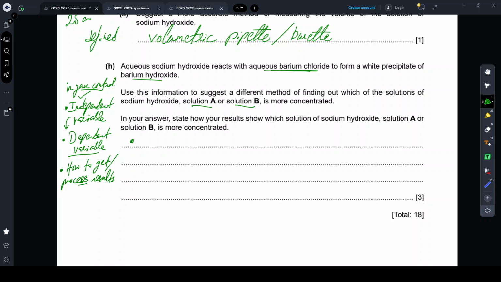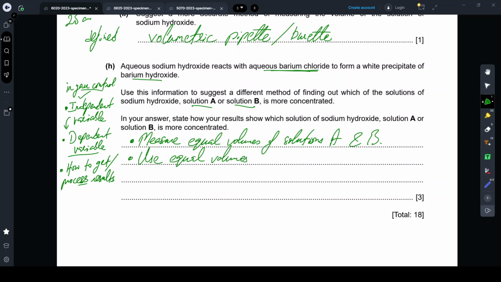So, what you're going to do over here, very plain and simple, take a fixed or equal volume. Yes, measure equal volumes. You get how to do this, which is good. Solutions A and B, use equal volumes of barium chloride, add barium chloride to both solutions.